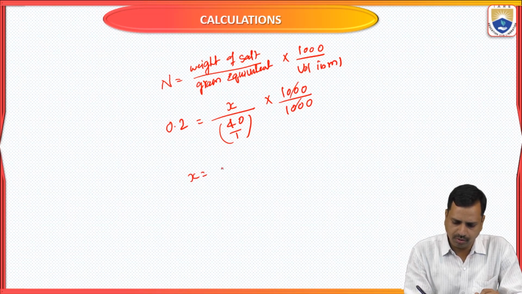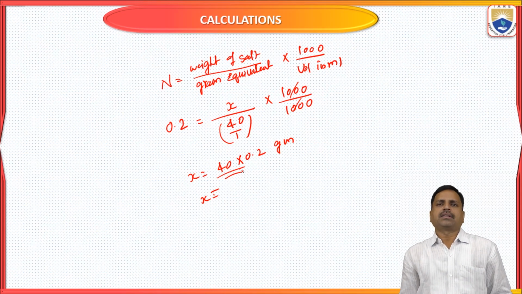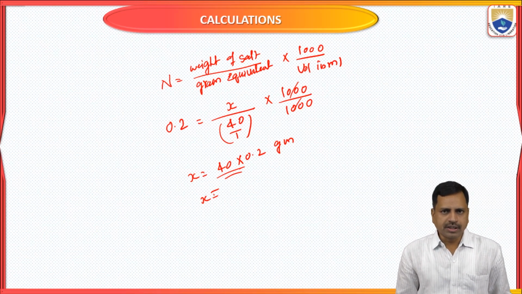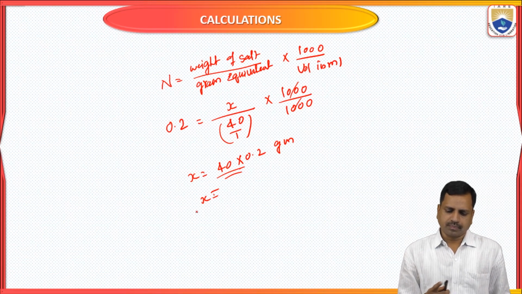X is equal to 40 into 0.2 grams. So we have to add this many grams in distilled water so that we get 0.2 normality.